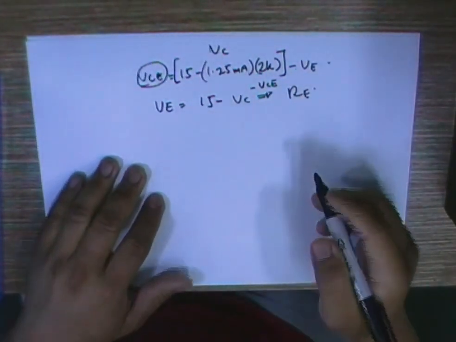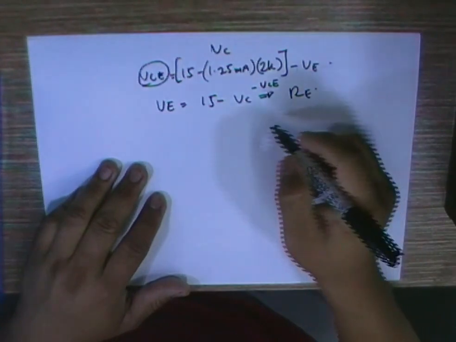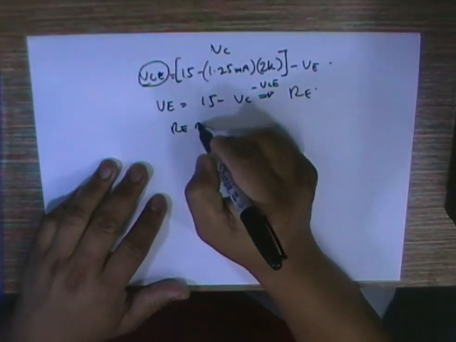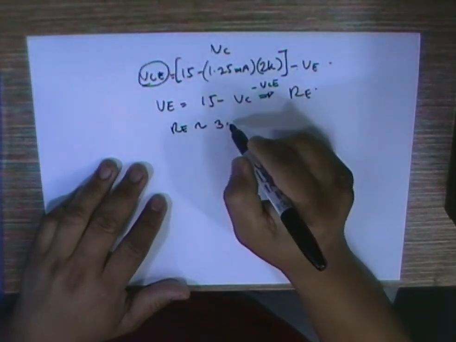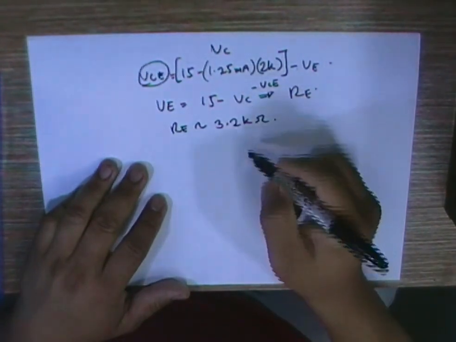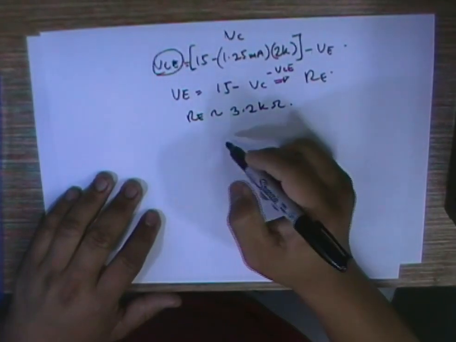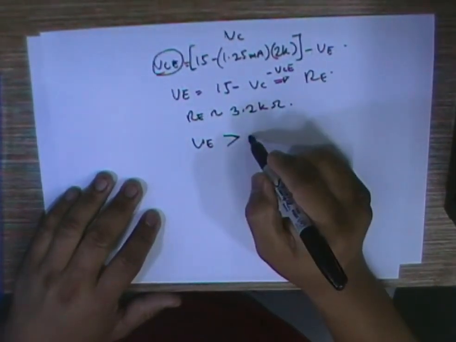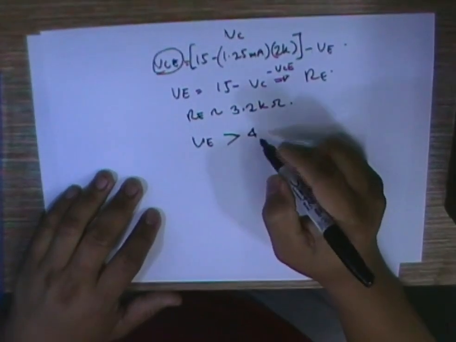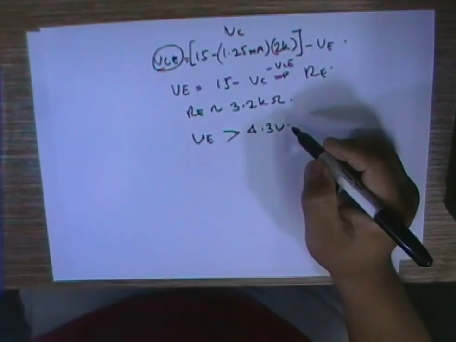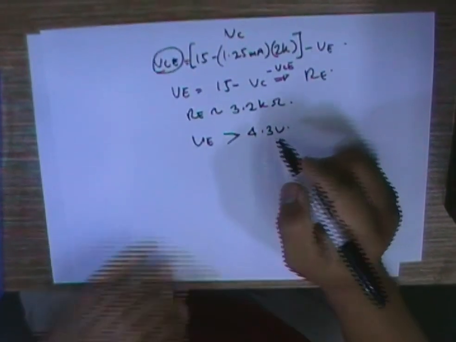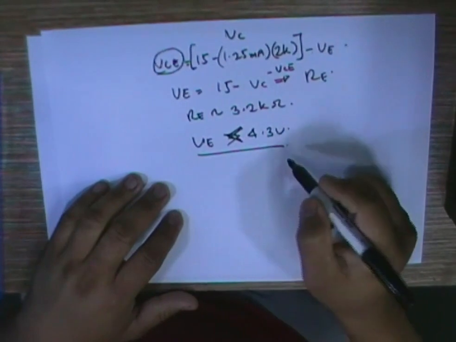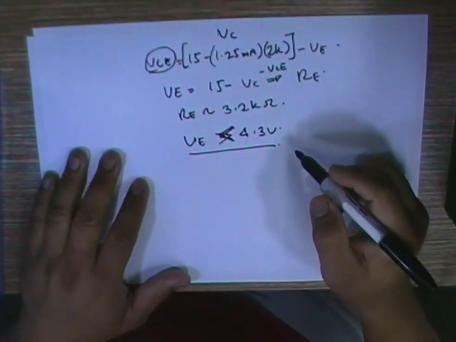Okay, if you do all this thing, you will see that RE that is needed is around 3.2 kilo ohms. I need to have my VE to be greater than 4.3 volt. Sorry, less than 4.3 volt. So this is basically the requirement that I need.